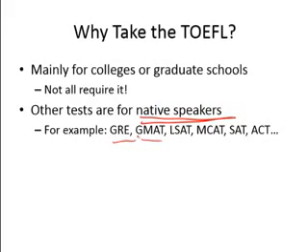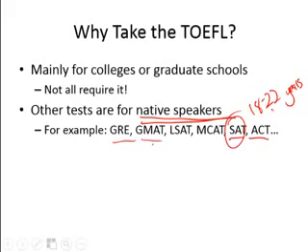The GRE, if you are studying for it, has some very difficult vocabulary. The GMAT, if you're studying for that, has some very difficult grammar. The SAT and the ACT are tests for colleges, for undergraduate programs, for 18 to 22 years old. These are for high school students going to college. Those also, the SAT has a lot of vocabulary and grammar that's difficult for non-native speakers.